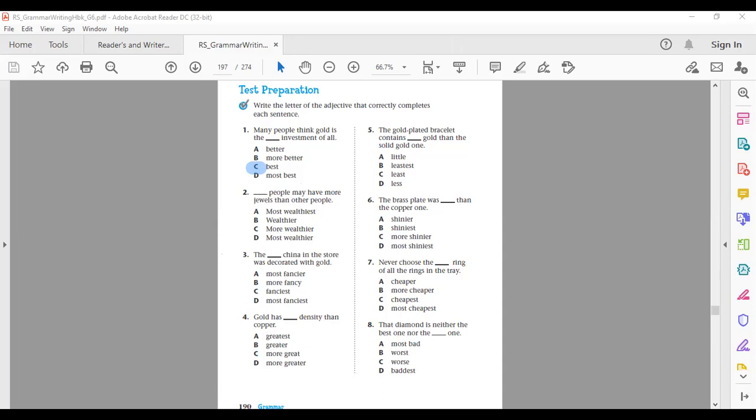I don't think that she can hear. Okay, anyway, let's complete. Most wealthier, C, D, more wealthier than. Excellent. So it will be this one, more.